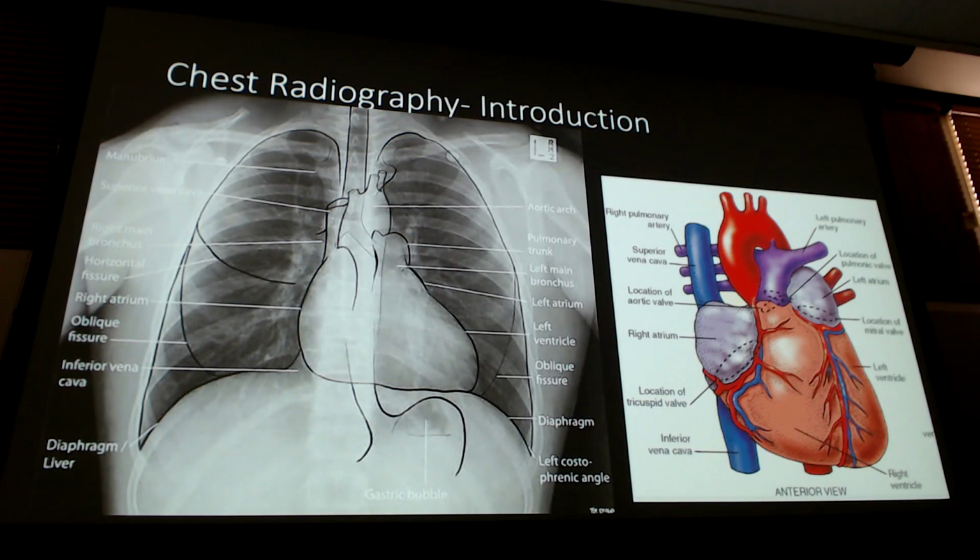Heart anatomy. Look at the way the heart lies. The biggest part I want you to focus on here, I got my big old left ventricle sitting over here, right? Big old left ventricle poking out on this side of the spine. On the other side of the spine, this is your right atrium. It is not your right ventricle. Okay?